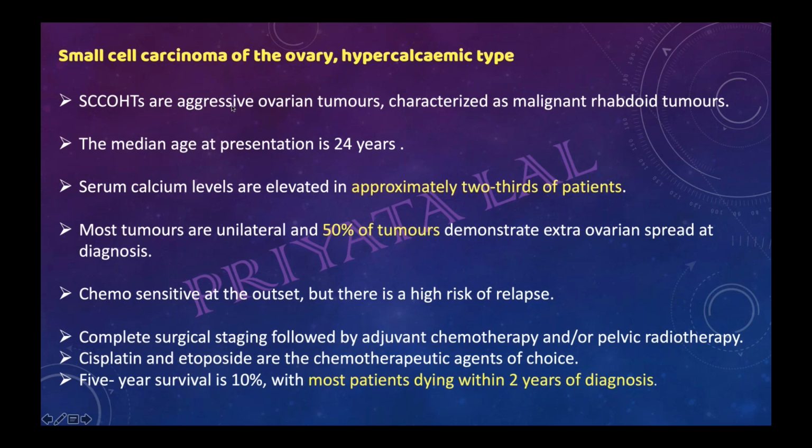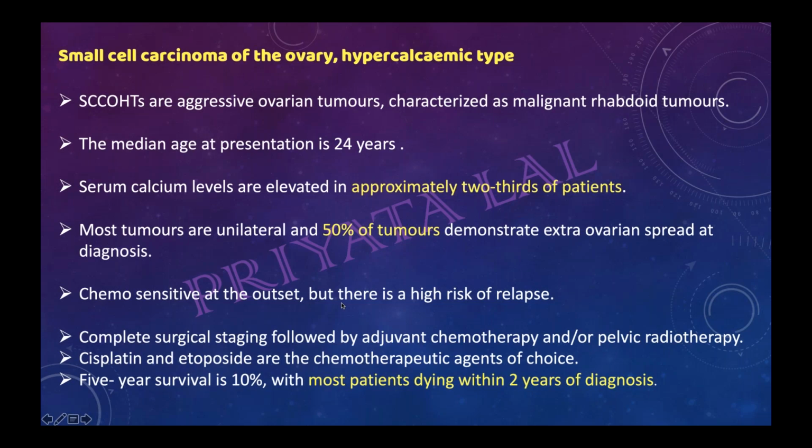These are aggressive tumors, presenting at 24 years, a very young age. Serum calcium levels are elevated in 2/3 of the patients. 50% have already spread; they are unilateral but already spread at the time of diagnosis.